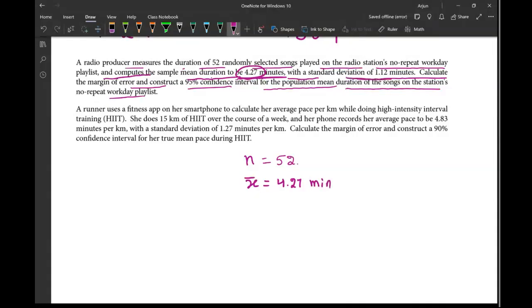And the standard deviation, well, this is a standard deviation of the sample. If you read this line carefully, this is not the standard deviation of the population. It is clearly saying the radio producer measures the duration for the selected songs played on the radio station, no repeated workday playlist, and computes the sample mean duration to be this with the standard deviation of this.